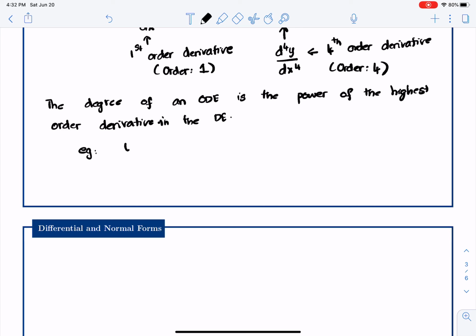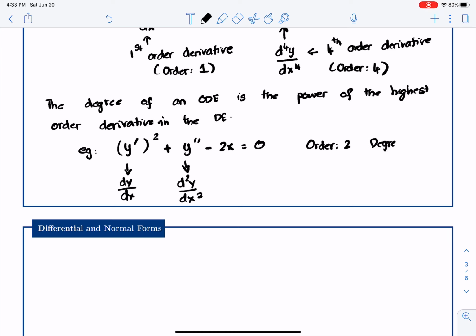So as an example, if I have y prime squared plus y double prime minus 2x equals 0, then I have a first order derivative, which is dy over dx, a second order derivative, d squared y over dx squared, and we have an order of 2 because the highest order is 2. But the power of the highest order, y double prime, is actually 1, so the degree here is 1.